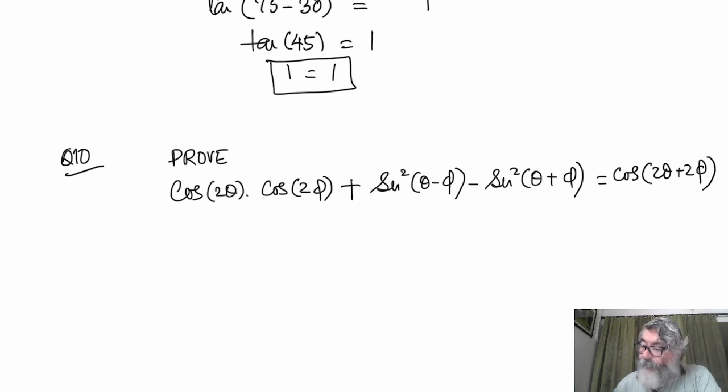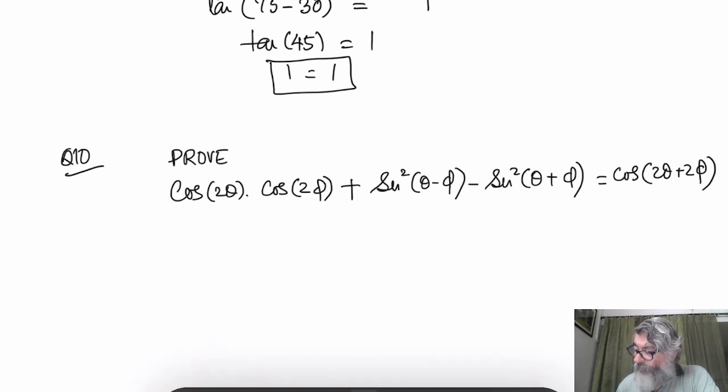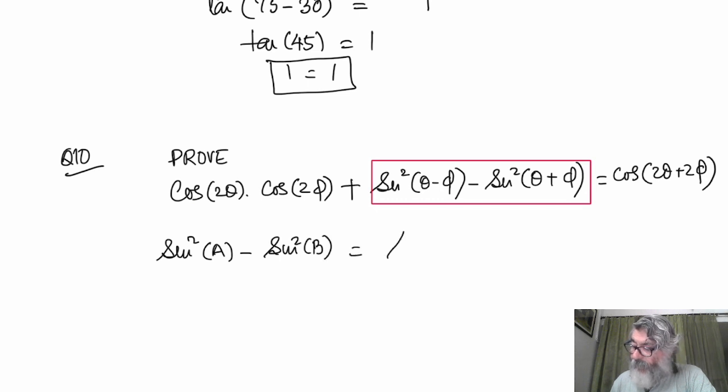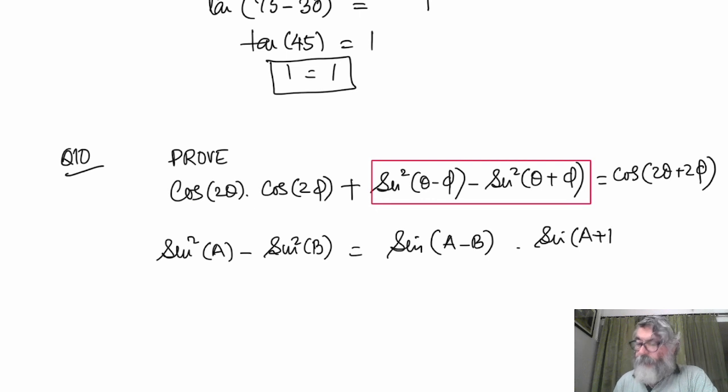Now again, if you look at this portion, I am going to just cover that with a different color. Look at this. Sin square A minus sin square B can be written as sin(A minus B) into sin(A plus B), or sin(A plus B) into sin(A minus B).